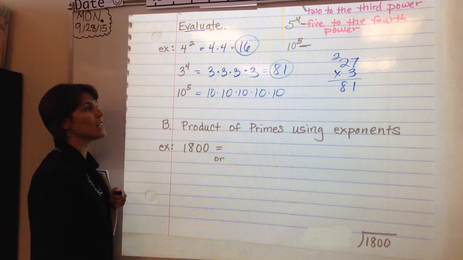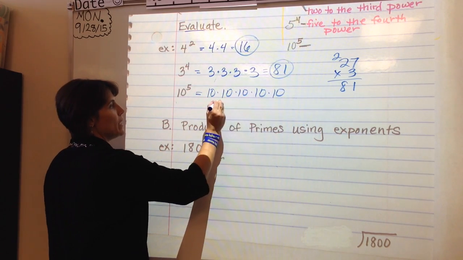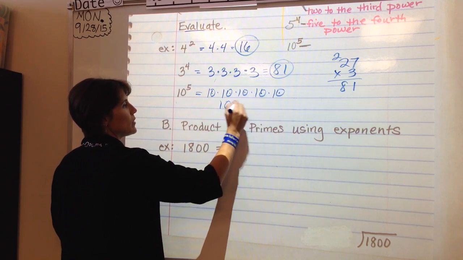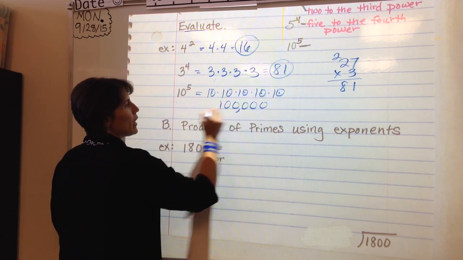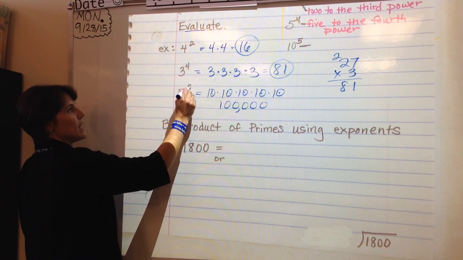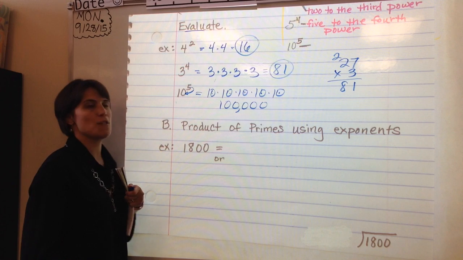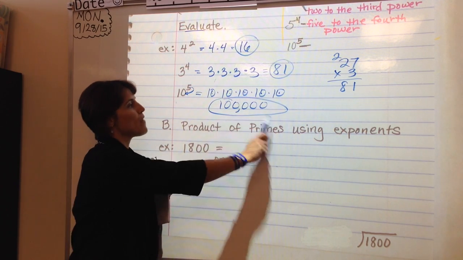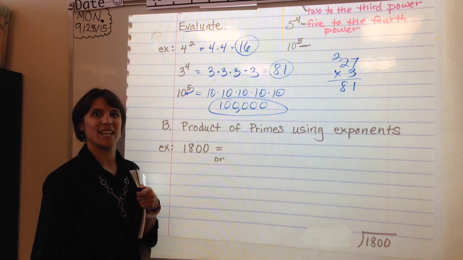No, because we've already discussed that this is a 1 with 1, 2, 3, 4, 5 zeros. A 1 with 5 zeros is what this little guy means. How many zeros are you going to have? That's the fun, cool trick about powers of 10. 10 to the 5th power is a 1 with 5 zeros, which is 100,000.